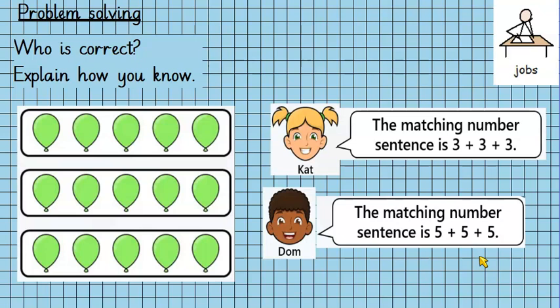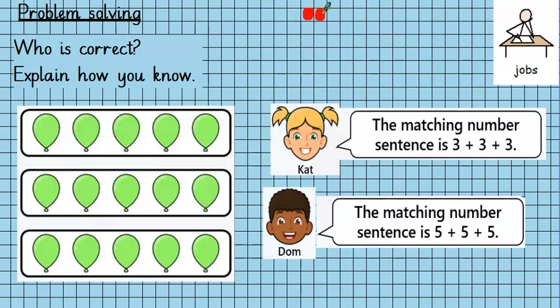Who did you choose? Well, what we could do to help us is we could draw our own arrays of what the different children are saying. So Kat said the matching number sentence is 3 add 3 add 3.